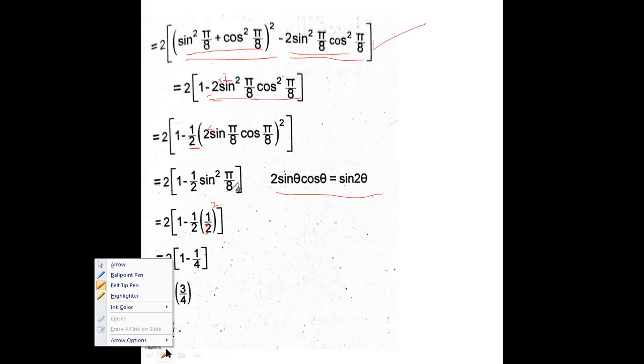So it will be sine pi by 4 whole square. Sine pi by 4 is nothing but 1 by root 2. If you open the square, it will be 1 by 2, and 1 minus 1 by 4 will be 3 by 4, and finally we get the answer as 3 by 2. It's a simplification part.